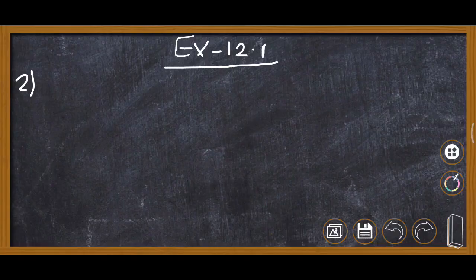This is second part of exercise 12.1. Out of 30 students in a class, 6 like football, 12 like cricket and remaining like tennis.